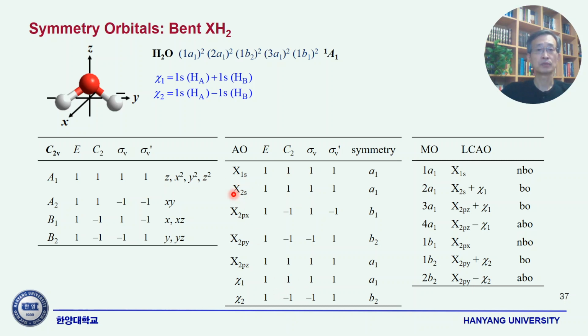So for each orbital, the 1s orbital, 2s orbital, 2px, 2py, 2pz, chi1, chi2, the characters for E, C2, sigma v, sigma v prime can be obtained in this representation. Then we can identify, for example, that the 1s and 2s orbitals of the oxygen atom do not change.